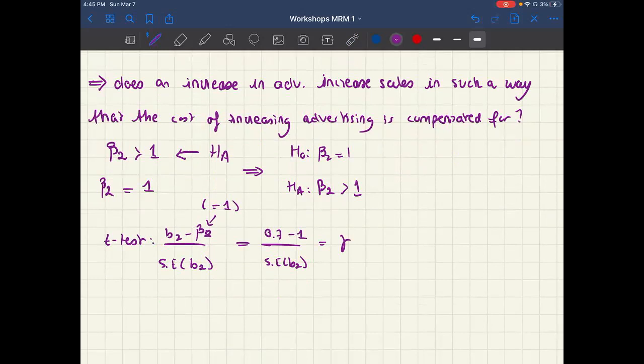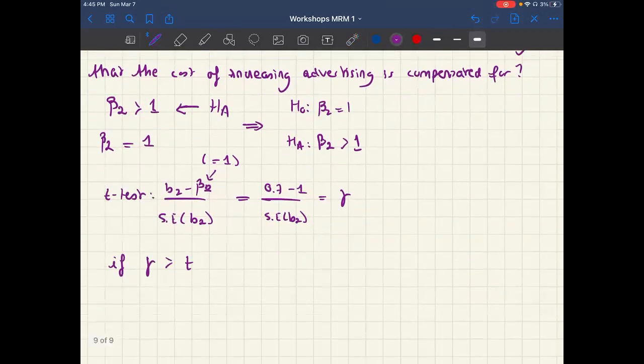And as we can see right here, this is a right tail test. So if gamma is greater than the critical value with n minus 3 degrees of freedom and alpha level of confidence, then you would reject the null hypothesis.